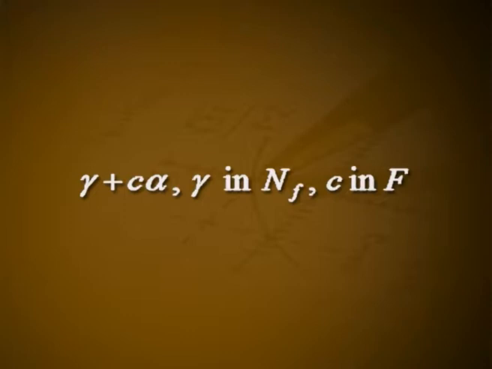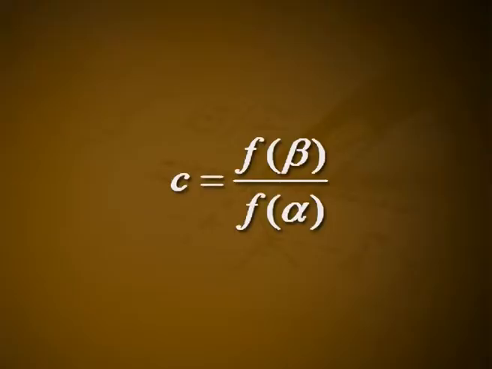Proof: let f be a non-zero linear functional on V and N f its null space. Let alpha be a vector in V which is not in N f. That is a vector such that f of alpha not equal to 0. We will show that every vector in V is in the subspace spanned by N f and alpha. That subspace consists of all vectors gamma plus c alpha, gamma in N f, c in F. Let beta be in V. Noting that f of alpha not equal to 0, we define c equal to f of beta by f of alpha.